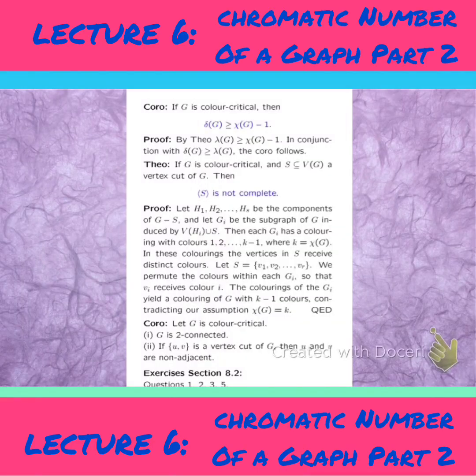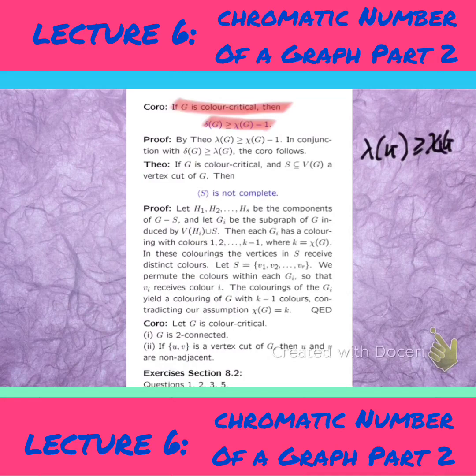Right, so this corollary states that if G is color critical, then the minimum degree of G is at least the chromatic number of G minus 1. That follows from the previous result, because the edge connectivity of G we know is at most the chromatic number of G minus 1.